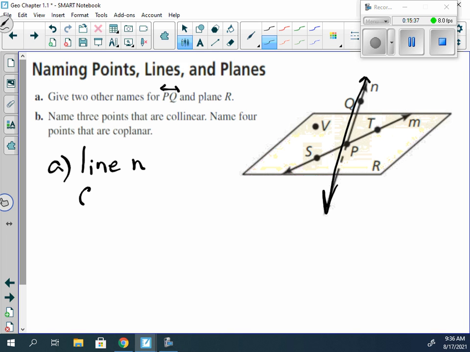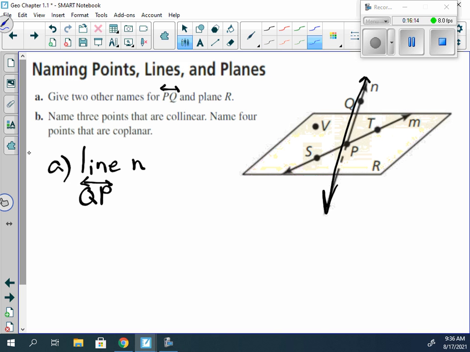QP. Now, if there was another letter on that line, another point on that line, we could use it as well. Because the points that we use for a line do not matter. Because again, a line extends without end. So no matter what 2 points I use on a line, it'll cover any other point that's on that line, because it'll extend without end. And we'll see some in a little bit that it doesn't work that way.